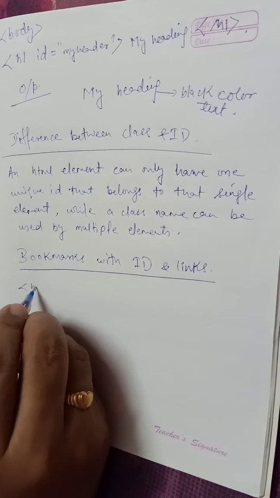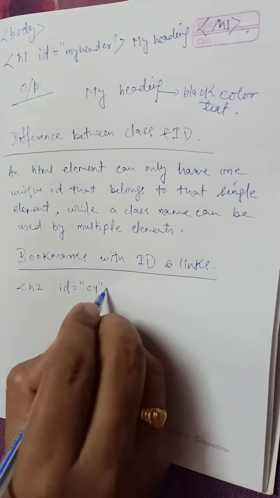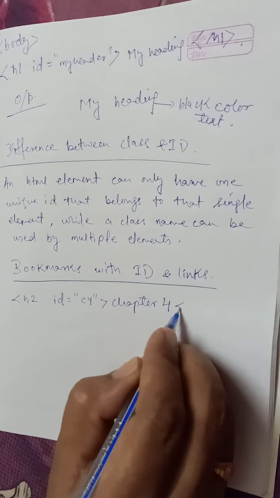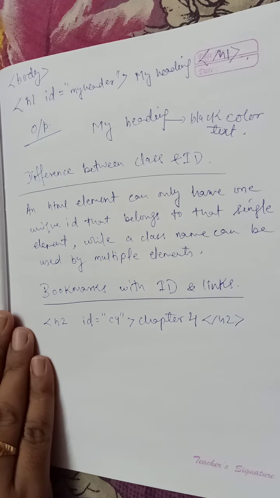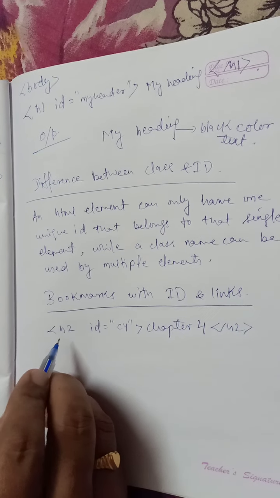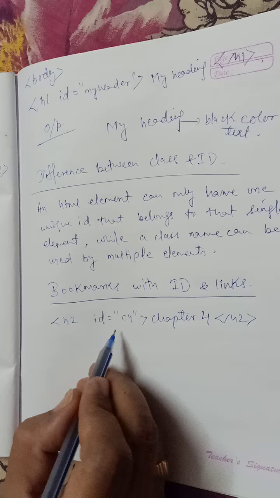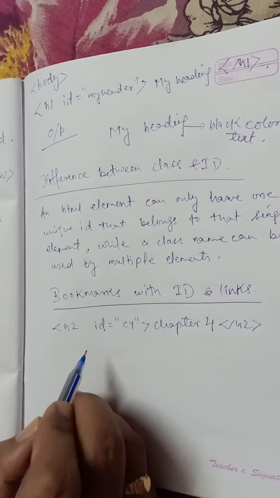We can write h2, suppose id equal to c4, and here it is chapter 4. First we have to create a bookmark with the id attribute by writing like this, then add a link to the bookmark.